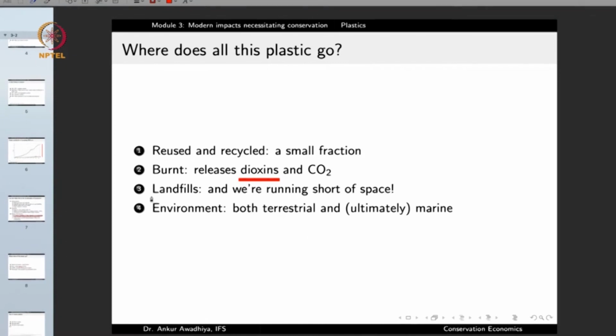Then, a major portion of plastics is also put into the landfills. So, landfill is a simple option. You do not know what to do with these plastics. So, what you do is that you just take it to an area and you dump it in that area. So, landfill typically is depression in the ground that is being filled with these plastics.